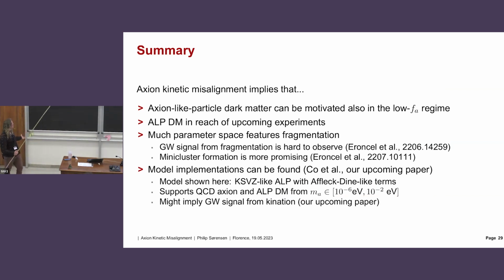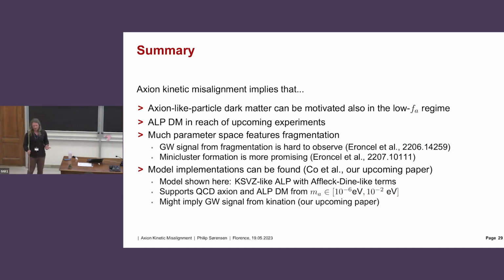Summary: if you had axion kinetic misalignment, you could motivate both QCD axion and ALP dark matter at lower f_a. You could get ALP dark matter in the reach of haloscopes and future experiments. Much of the parameter space will feature fragmentation.